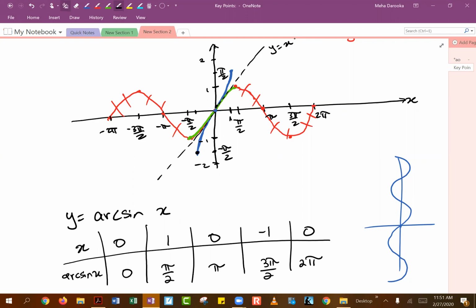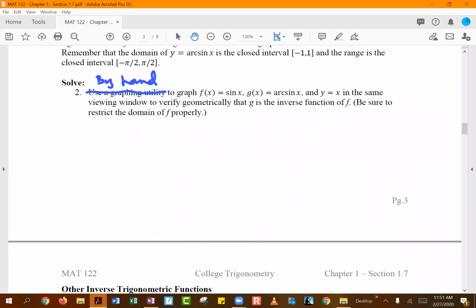Now, what would you comment on the domain and range for both the sine and the arcsine function for our specific example?